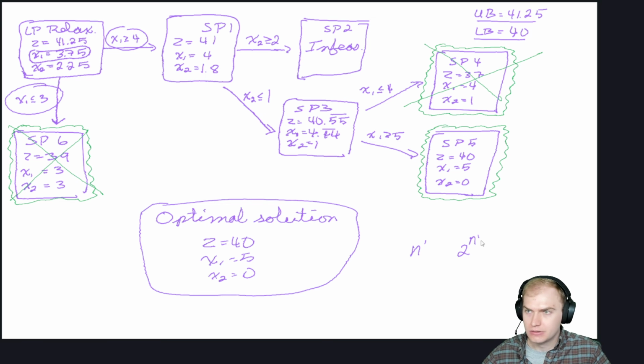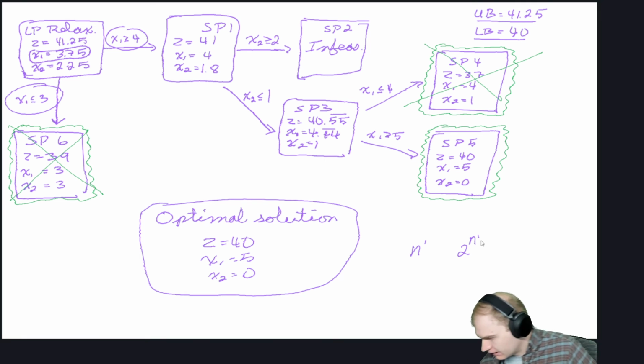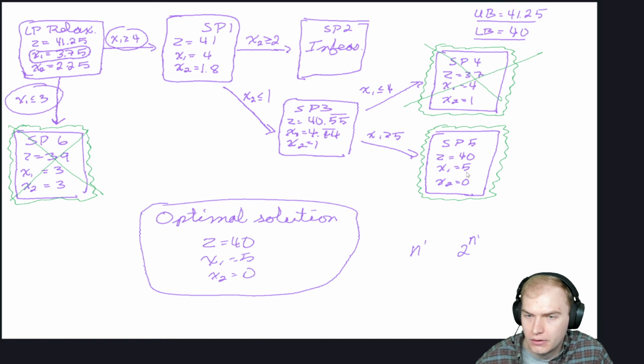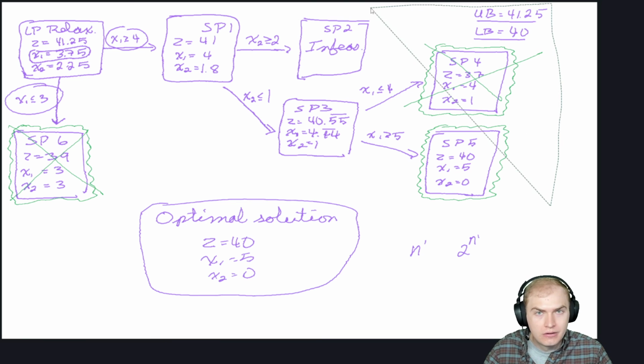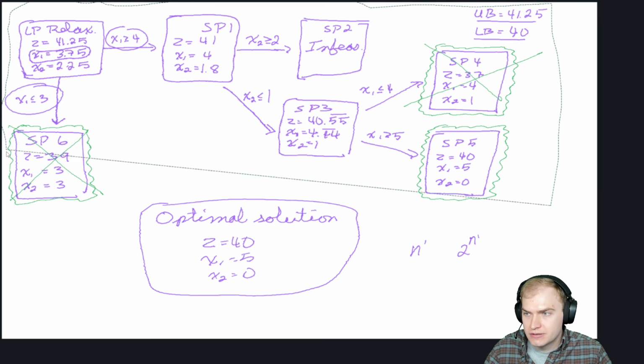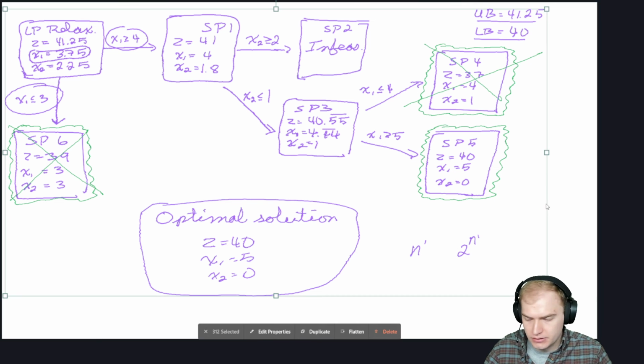There's one more thing I want to show you with branch and bound, and then we'll be done. Suppose we were on that last iteration, that last branch again.